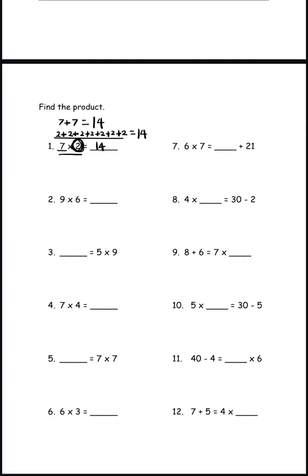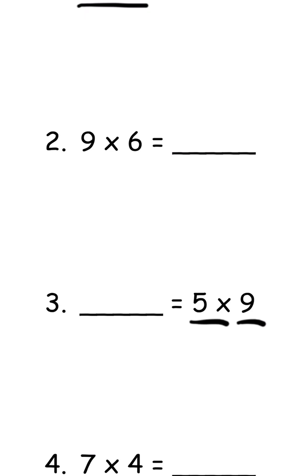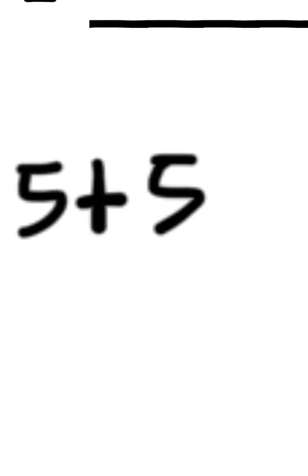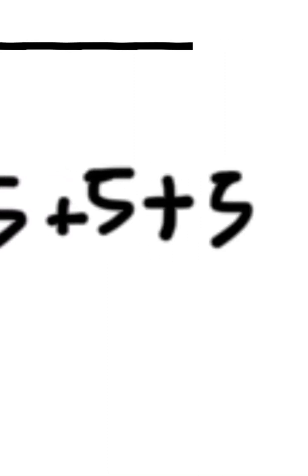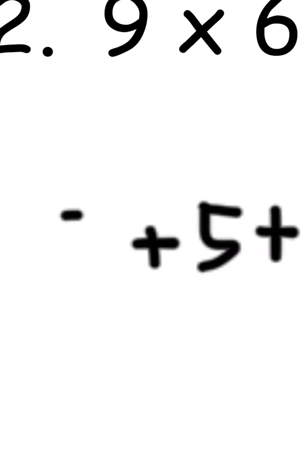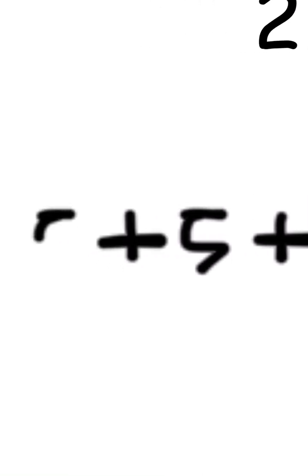Let's look at number 3. For number 3, it says we have 5 times 9. This can also be written as 9 of 5s: 1, 2, 3, 4, 5, 6, 7, 8, and 9.